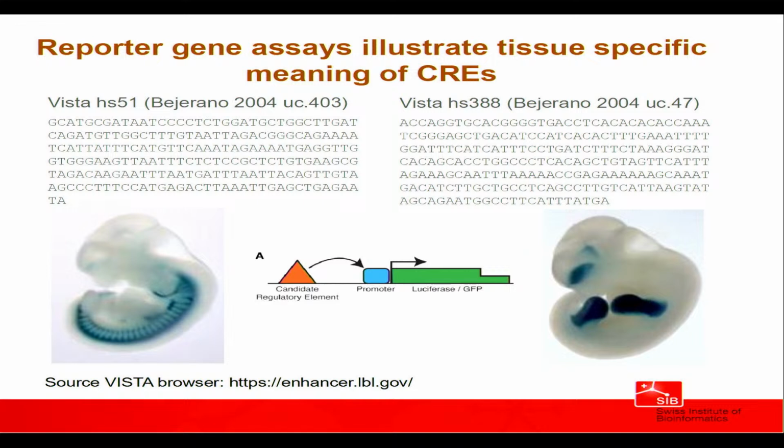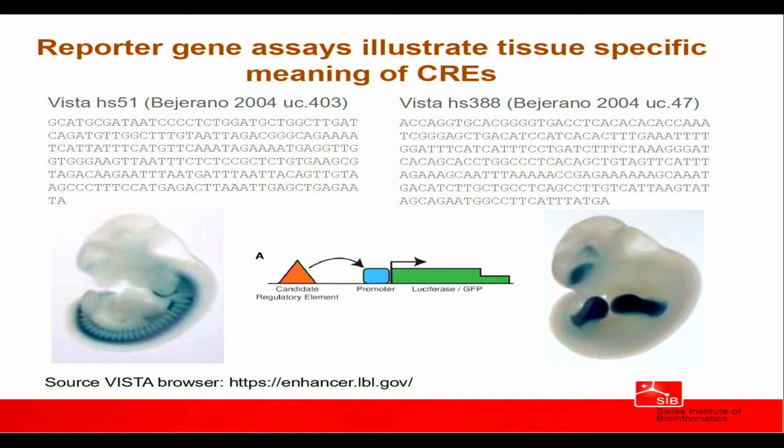Now, a reporter gene is typically an enzyme which transforms a chemical compound into a visible dye. And these constructs are inserted into zygotes, where they get incorporated in the genome, and then the activity of the reporter gene can be followed during development.